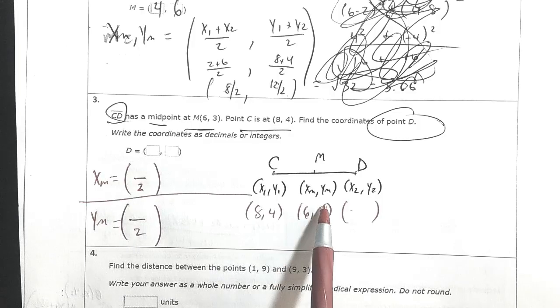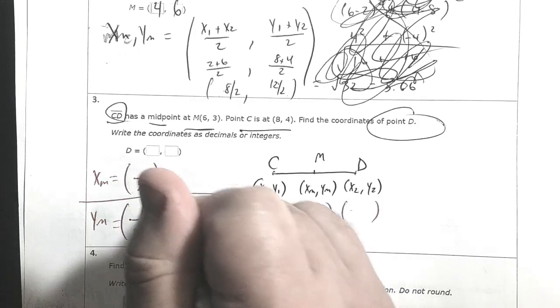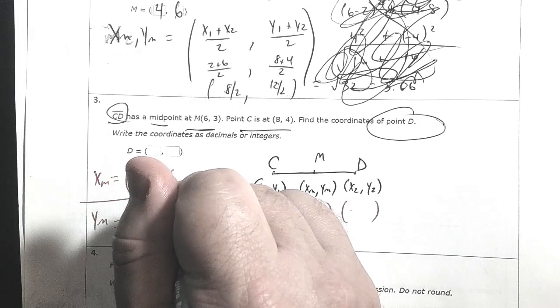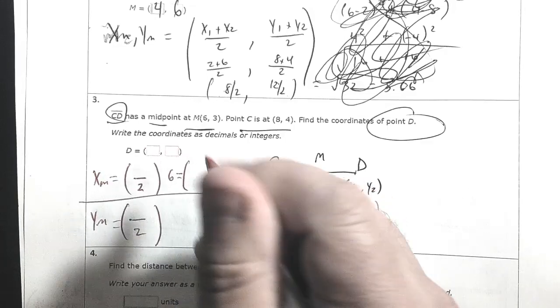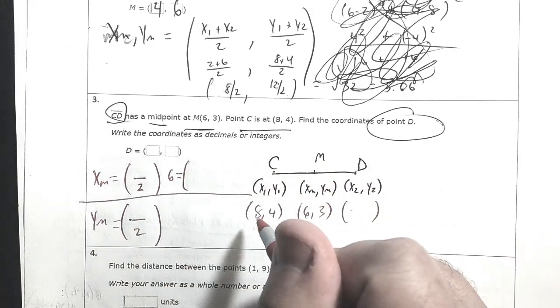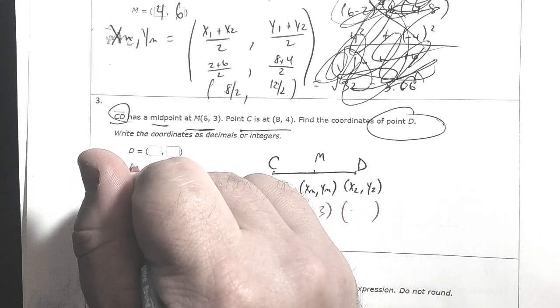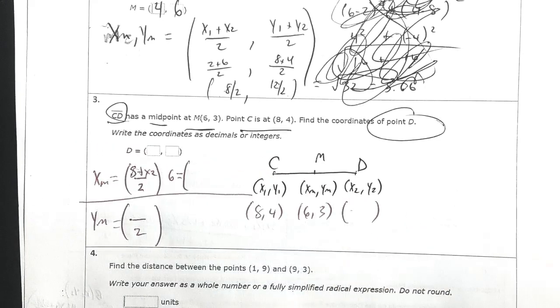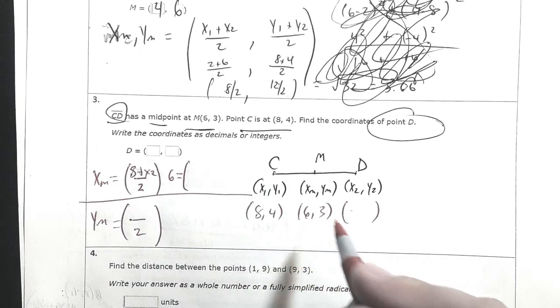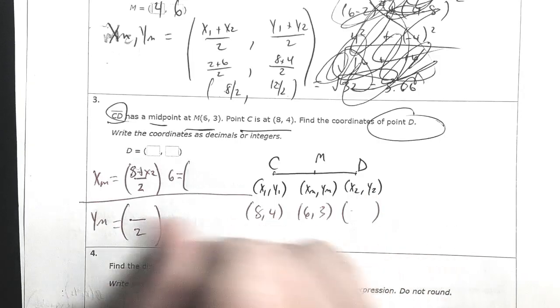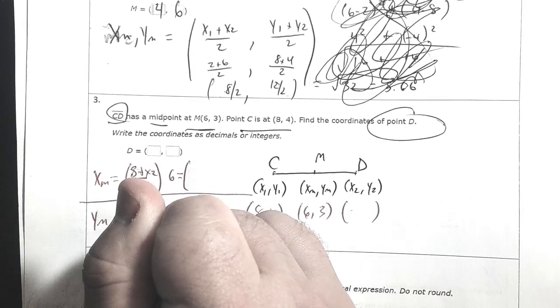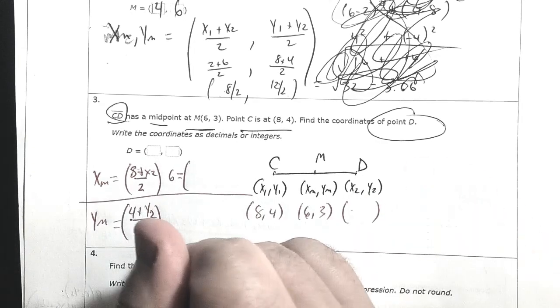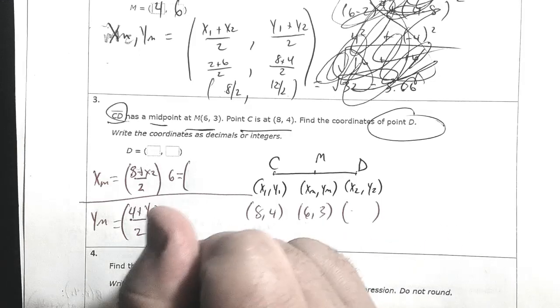So xm is 6. And so it's 8 plus x sub 2. Remember, we're looking for x sub 2, and this is 4 plus y sub 2. And the y is 3.